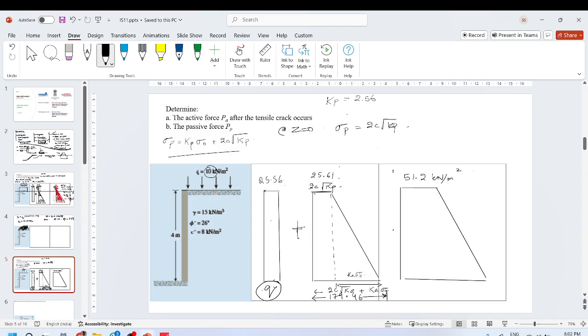Yes, please, madam. Fine, madam. And then you have 2.56 into 15 into 4.